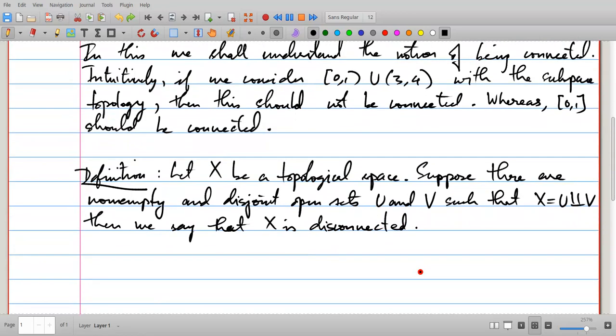So to say that X is disconnected, we need two non-empty disjoint open subsets whose union is all of X.